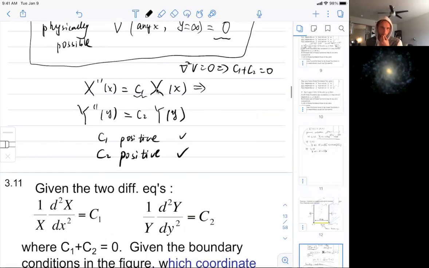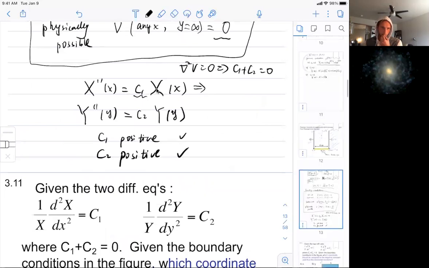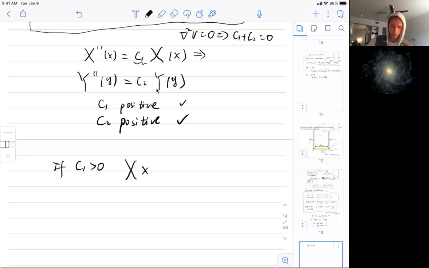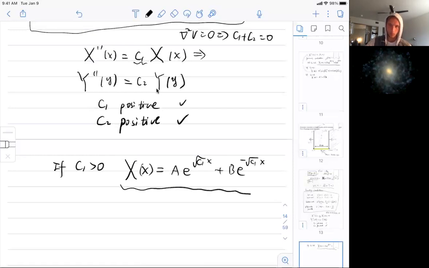So if C1 is positive, then that tells me the function of x will pick up this particular format. With our particular situation, do you think that's possible?